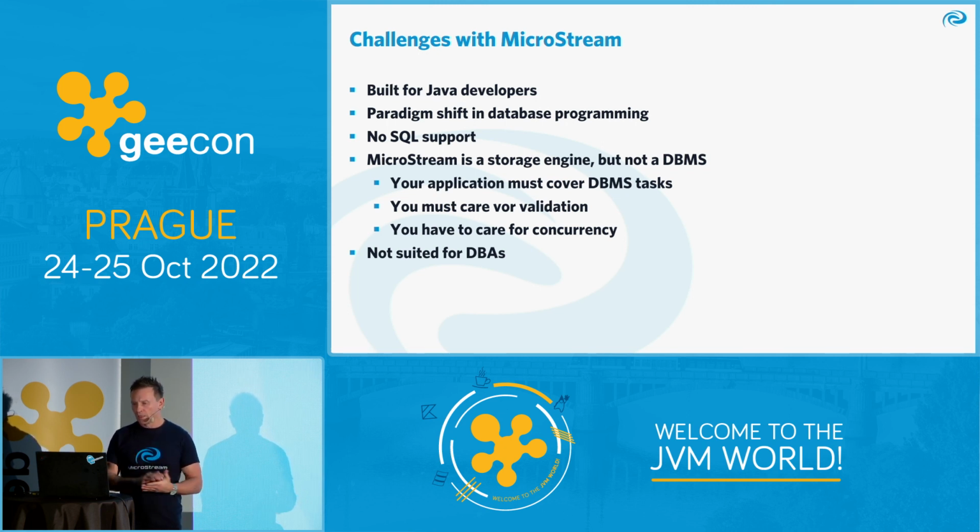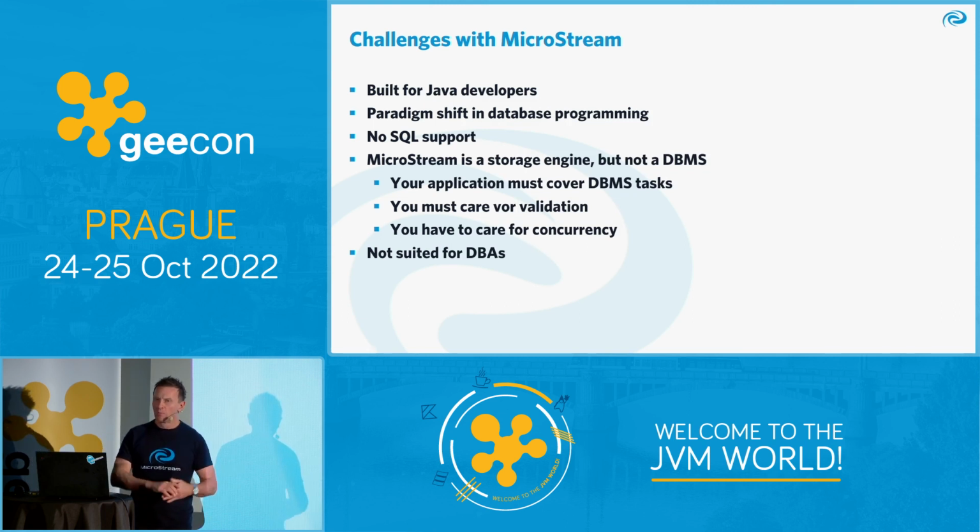There are also APIs existing. We are looking forward to Project Loom. It will also help us and accelerate MicroStream applications. But as I mentioned, you have to care for that. Your business logic becomes the database management system.